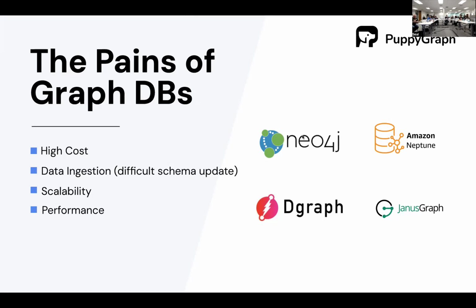Sometimes when you change your mind about the schema design, you need to redo the data ingestion and write all the data again. This is almost impossible when the data is big. So we just leverage all the benefits of Iceberg.